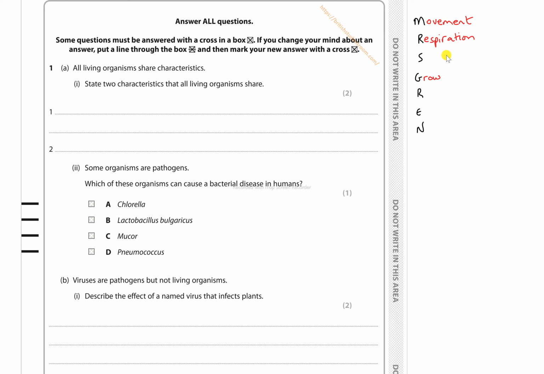They grow. They reproduce. They excrete, and they eat. Nutrition. What is S for? Yep, they respond to the surroundings, so they have sensitivity.